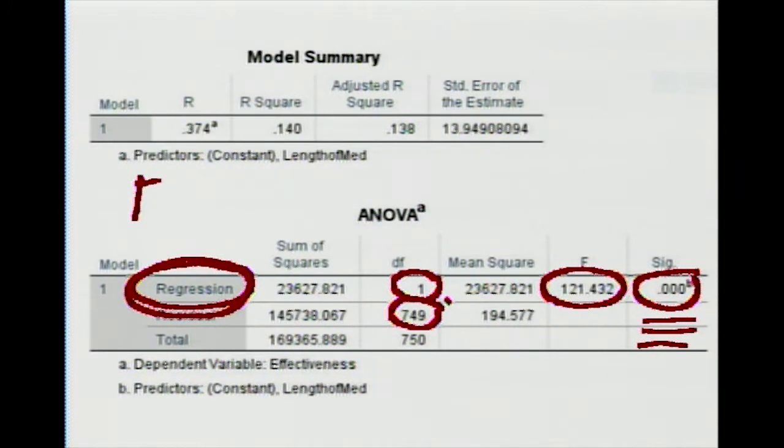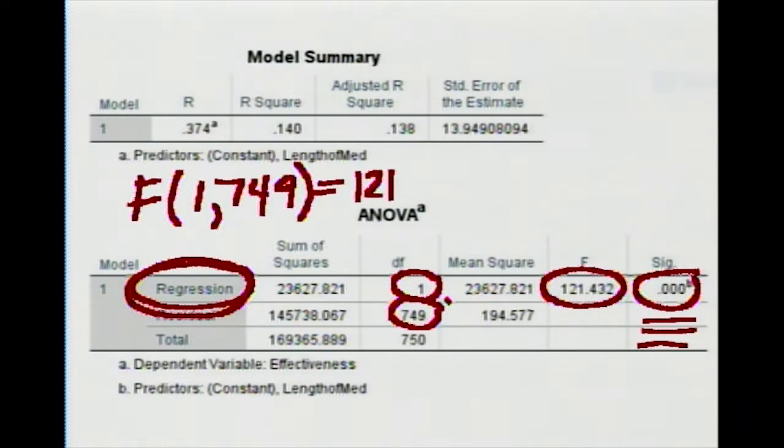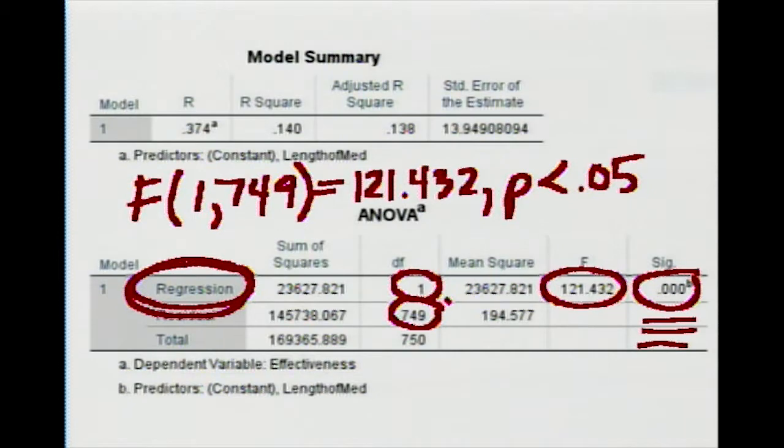If we were to write this up, it's just written up just like an ANOVA model. And so I'll do that here. So here, I have written it just like an F ratio box, like I would in ANOVA, but we know this is a regression because we've talked about that.